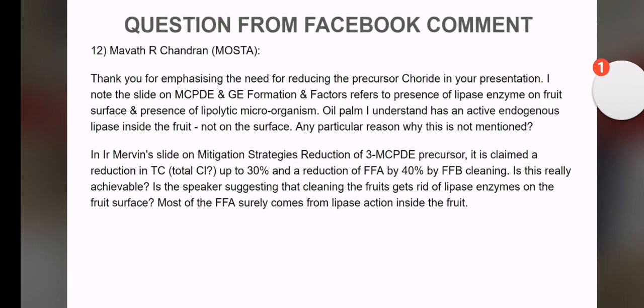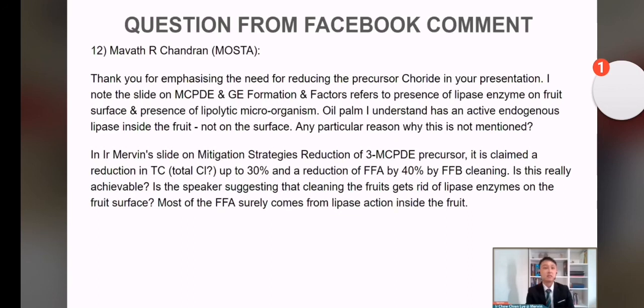Yeah, I think for the first question, agreed that lipase is from the fruit itself. But if we compare bruised fruits and non-bruised fruits, the FFA will definitely affect the quality of the CPO, right?